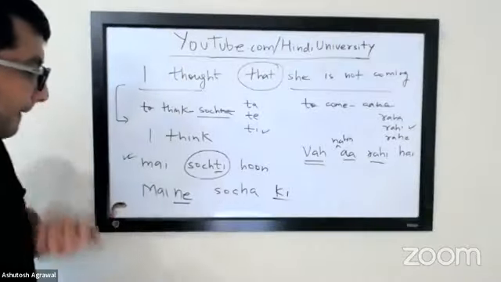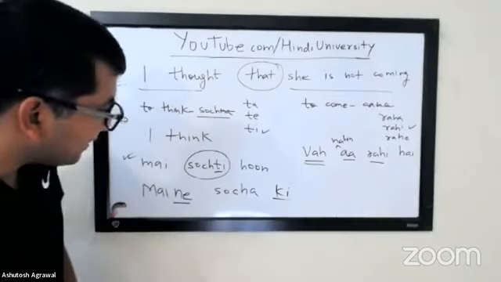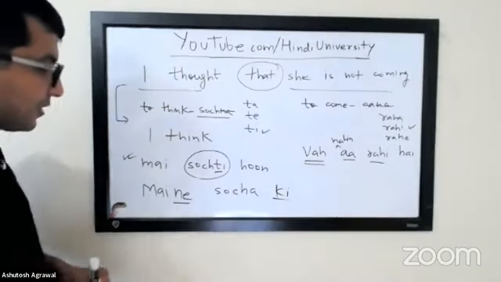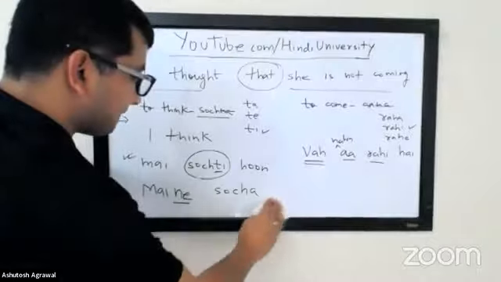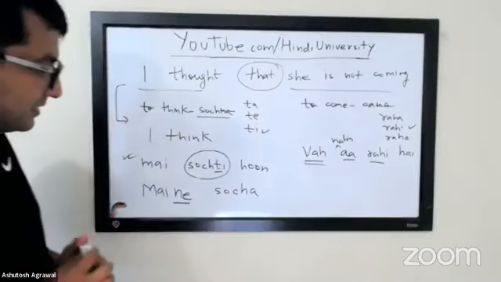Is it Sochi for female? Yeah, great question. What do you think? What's your initial thought process? That I'm speaking it, so I should say Maine Sochi. Okay. What about everyone else?